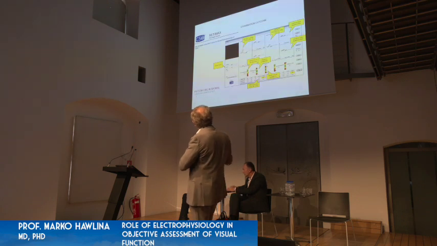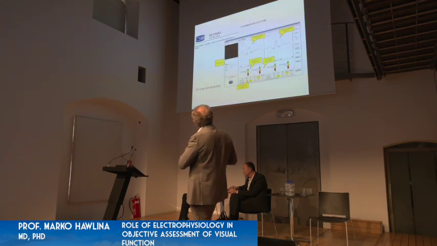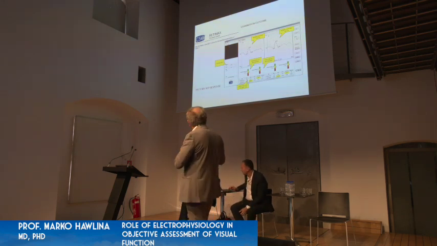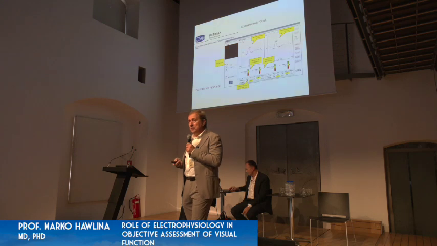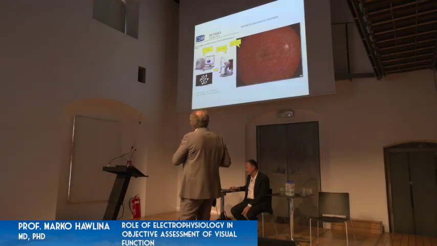This is an outcome for pattern ERG responses, again with the normalized data where you are, and multifocal responses also here, and the VEP. So there's always normative data built in, so you get very quick and reliable information about the function of the visual system.